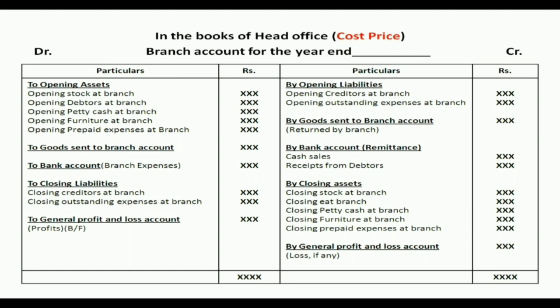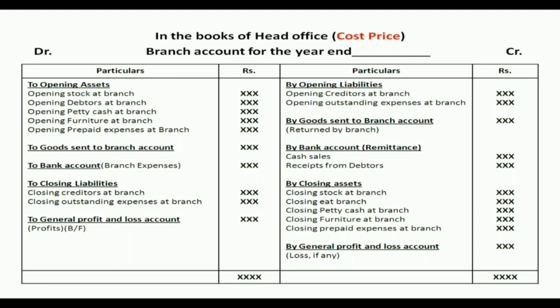This is the account we record with the income generated by the branch. It may be cash sales or receipts of income from debtors or customers. Whatever income is given to the head office will be entered here.